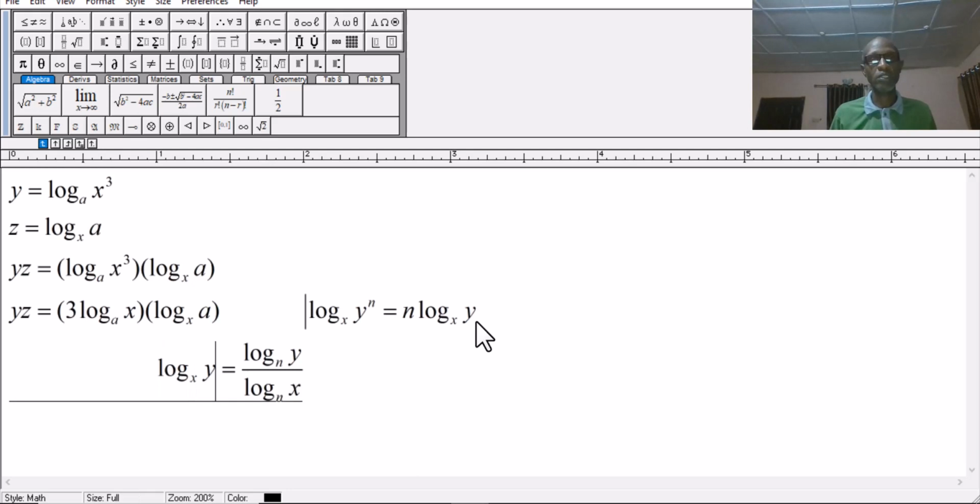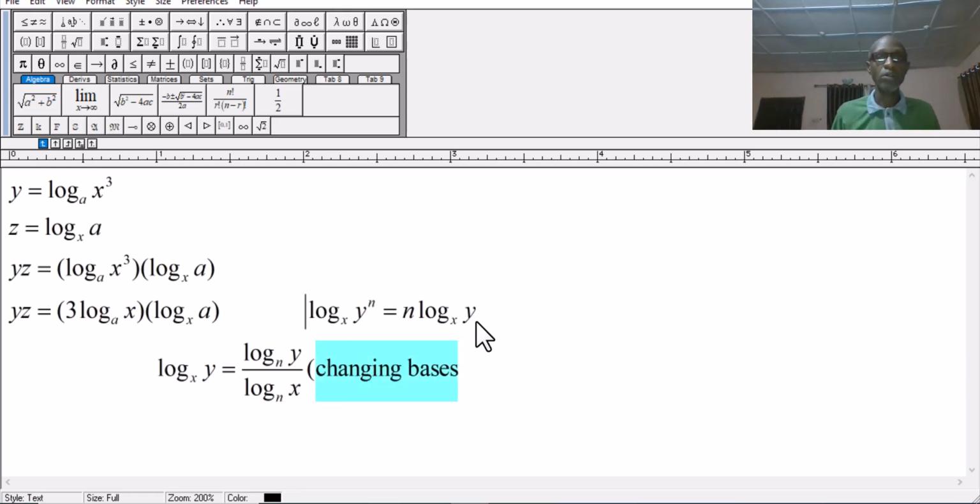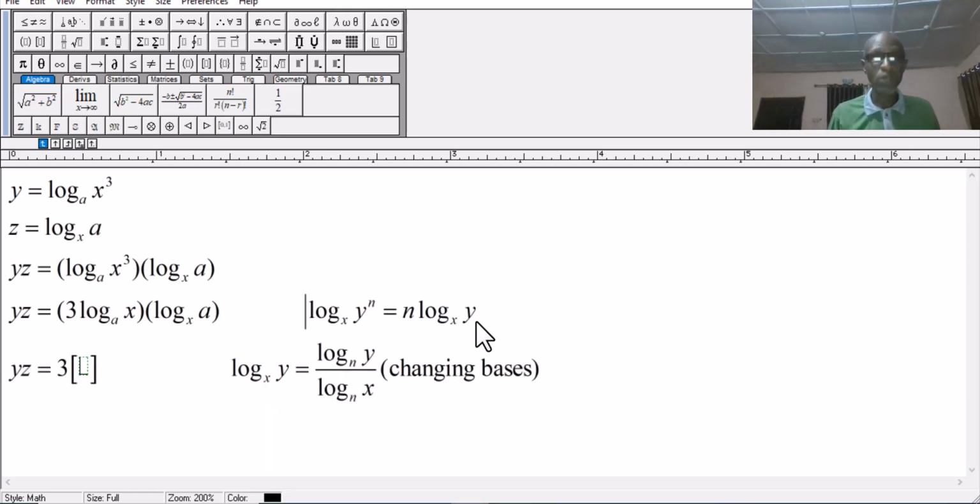So let me write it here so that you will see what we are writing. Changing bases. So this is what we are applying. So we want to change this base. This is 3 in bracket. So I'm going to change the base now to a neutral base.